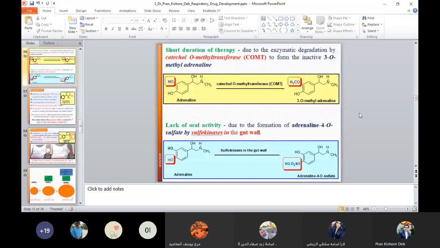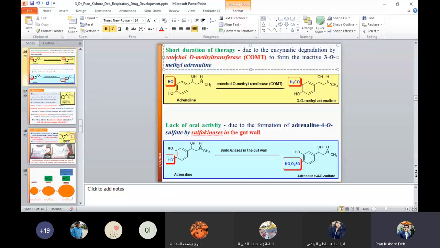So the short duration of action is because of enzymatic degradation by an enzyme known as catechol O-methyl transferase. You see the name of the enzyme itself, COMT. It converts the drug into an inactive form known as 3-O-methyl adrenaline.